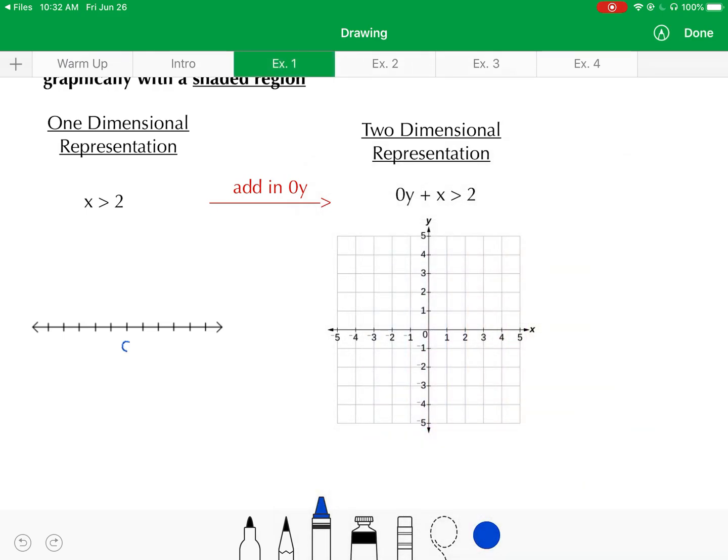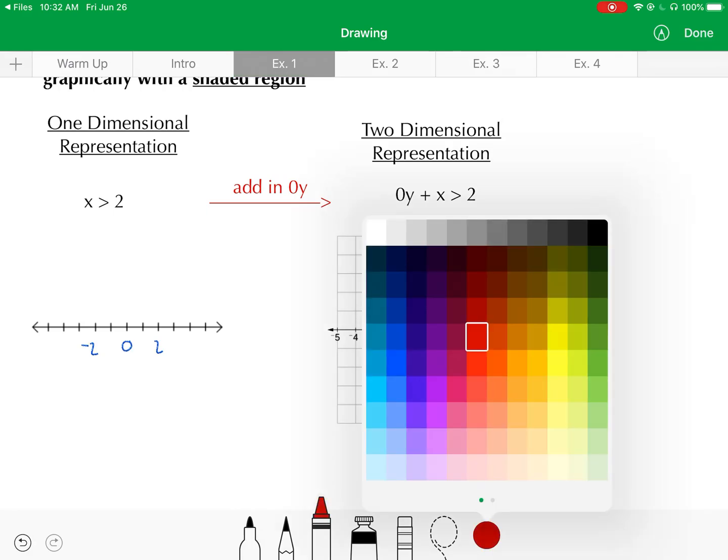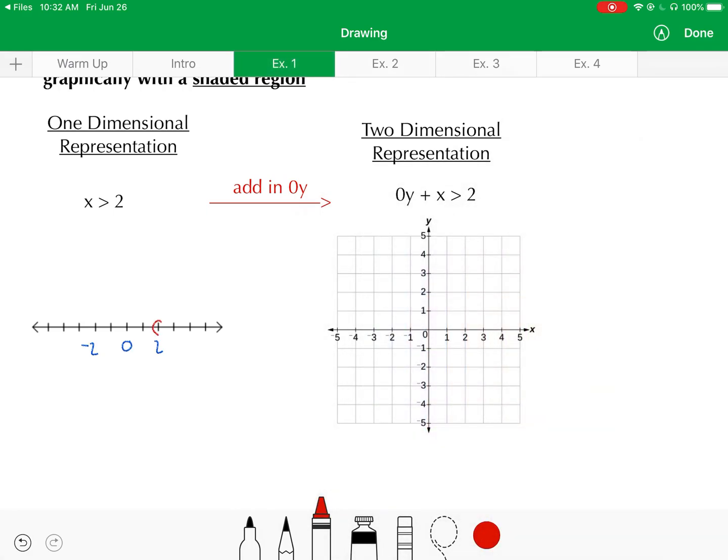Just going to put 0 in the middle, make that 2, that -2. And for this particular solution, we'd put an open circle at 2, and we'd put an arrow over to the right.